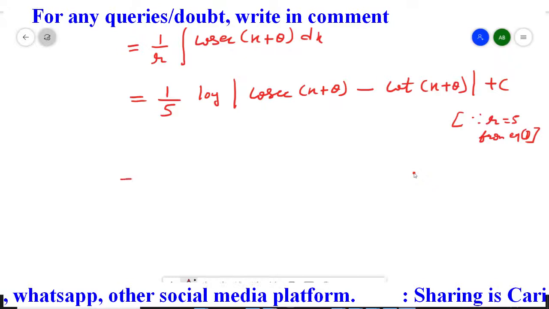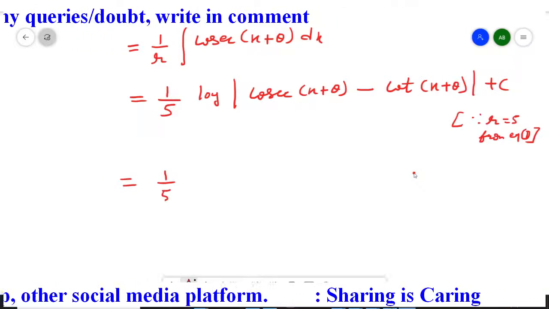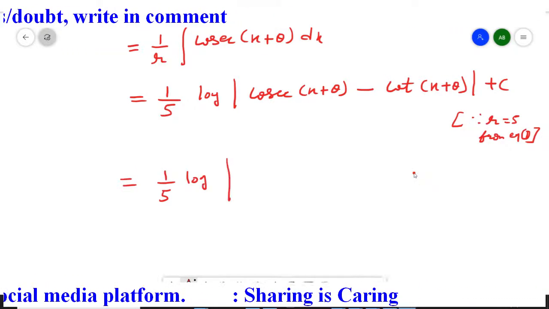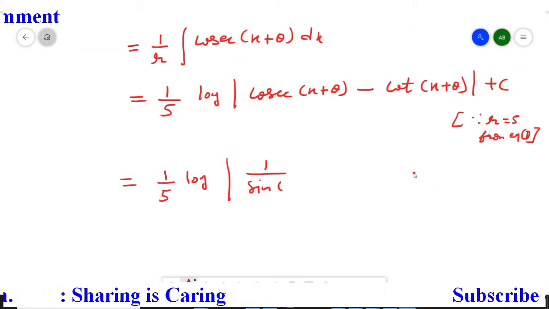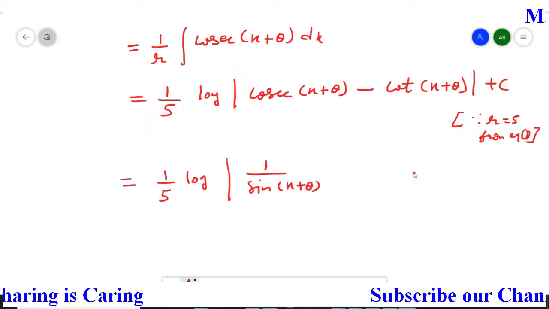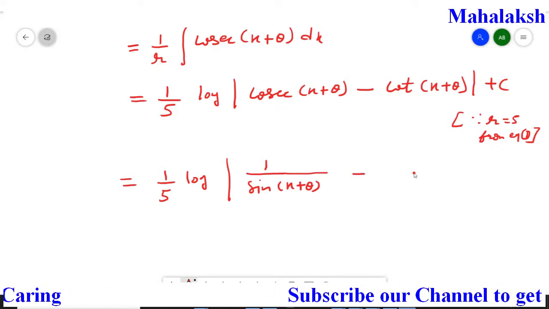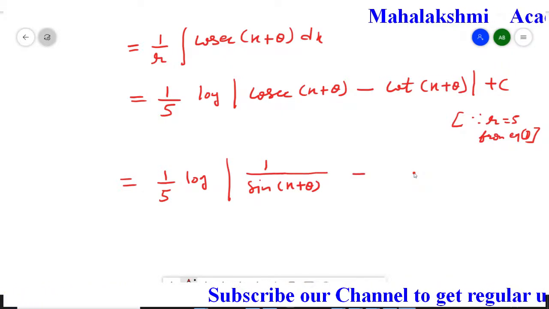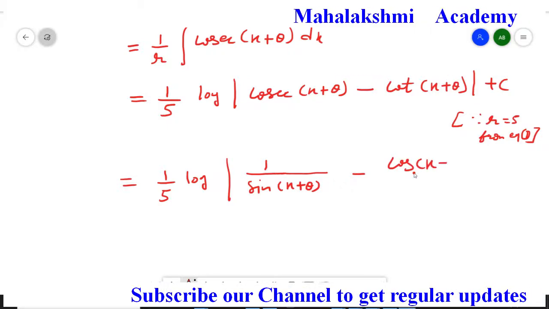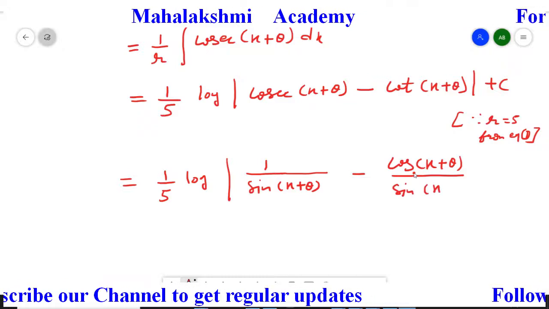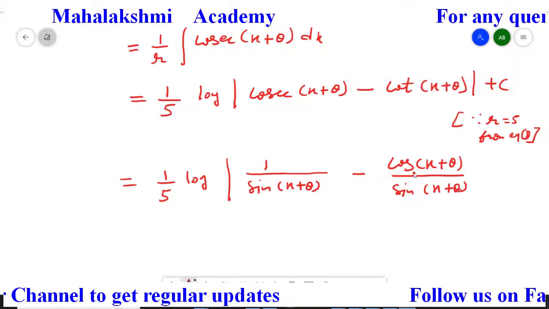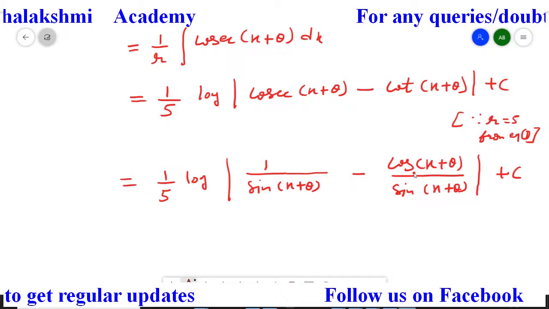Now here I want to change them into sin and cos to get the book's answer exactly. So cosec is 1 upon sin x plus theta, and cot is cos x plus theta upon sin x plus theta, then mod plus integration constant.